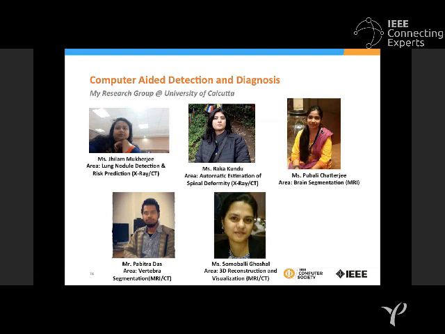We are also working with digital X-rays, trying to find bone deformities, and Raka is working on that. Pubali is working on brain segmentation. Pavitra, I've already spoken about him; he is working on the segmentation of the vertebra in the 3D domain, and Shomabuli is working on 3D reconstruction and visualization.